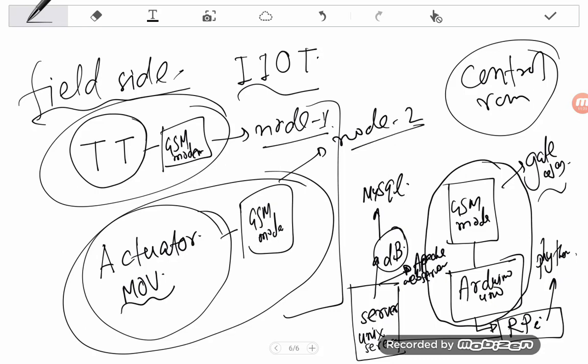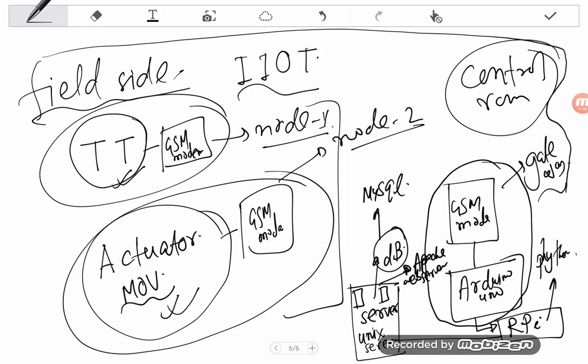So what's our goal? Our goal is to control this actuator from the HMI which is installed in this server, as well as we should be able to see the data of the temperature transmitter in the HMI on the server. So solving this problem is a problem of IIoT, Industrial Internet of Things.